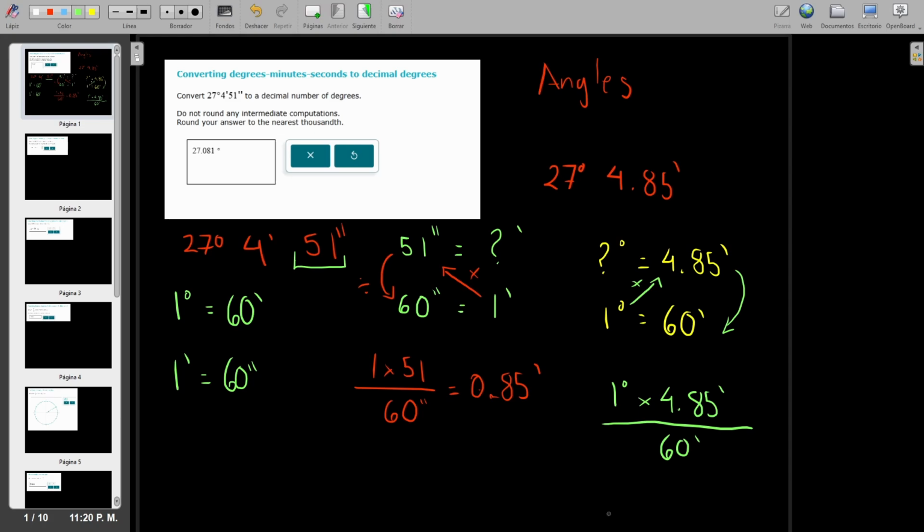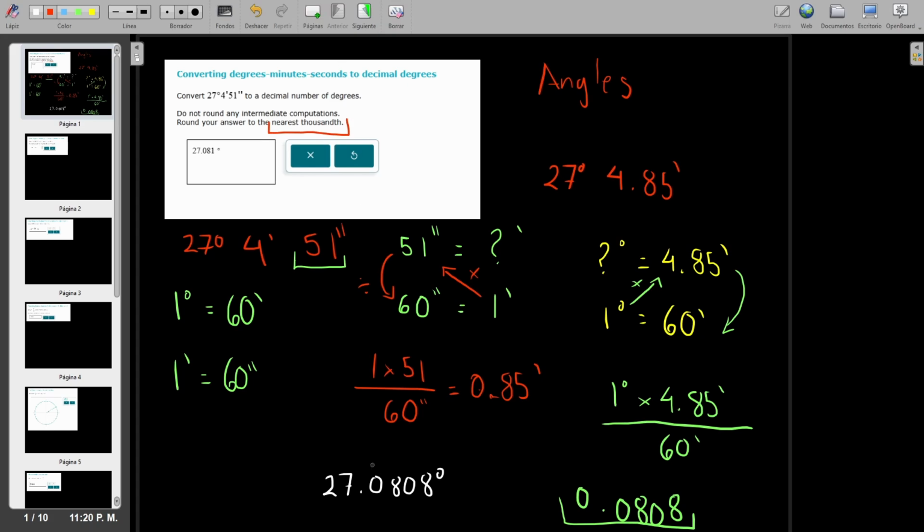It gives us 0.0808. That is the value. If we add that to our value that we know, that is 27, it's going to be 27.0808 degrees. But remember, they're asking us here to be rounding our answer to the nearest thousandth.